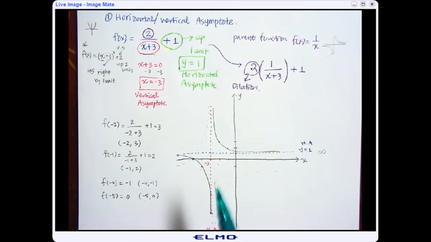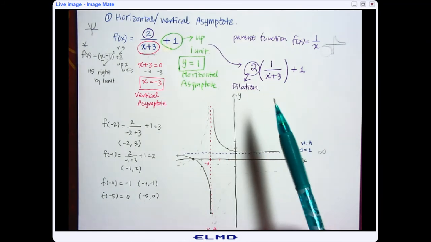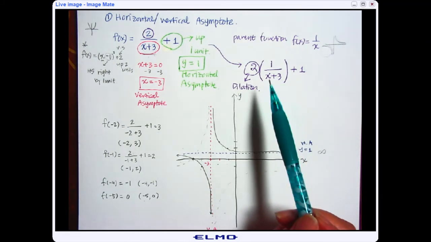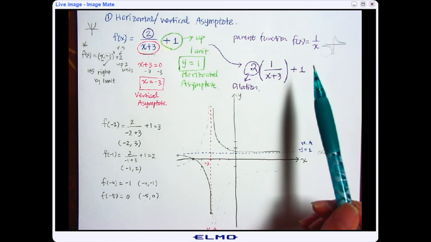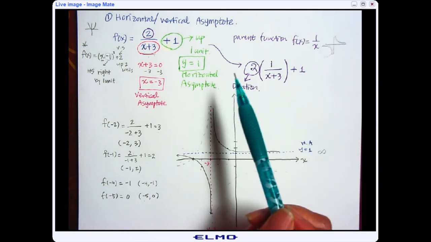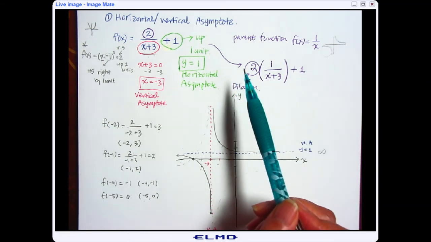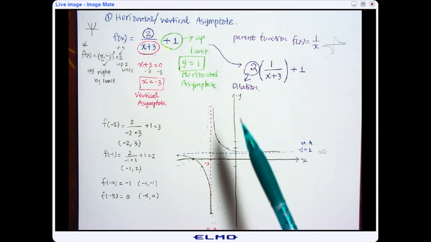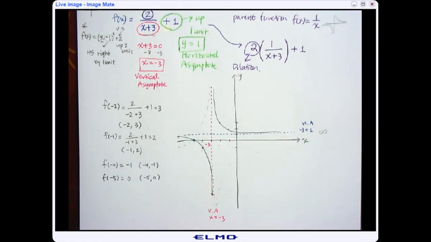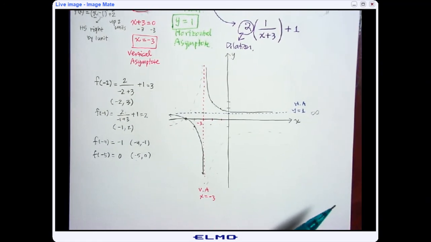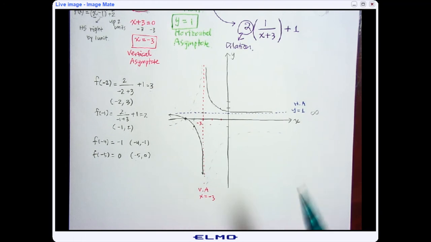So now we saw how we can verify the vertical asymptote and horizontal asymptote, and either reflection or dilation observed on your actual graph, right?